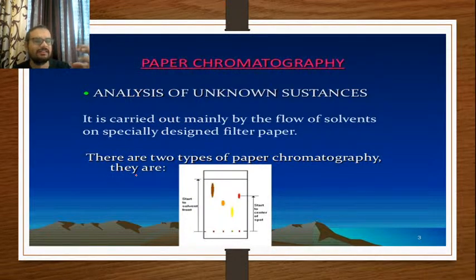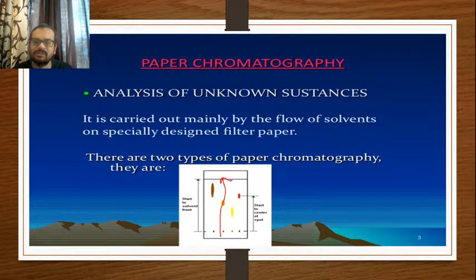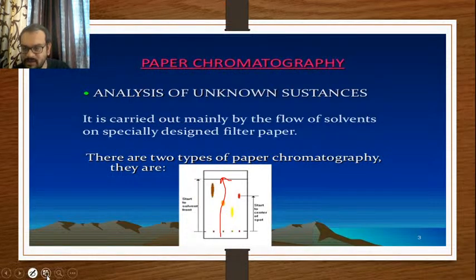Affinity towards the stationary phase determines the retention of the solute on the stationary phase, and affinity towards the mobile phase determines how it is carried through the stationary phase. Let me explain it.